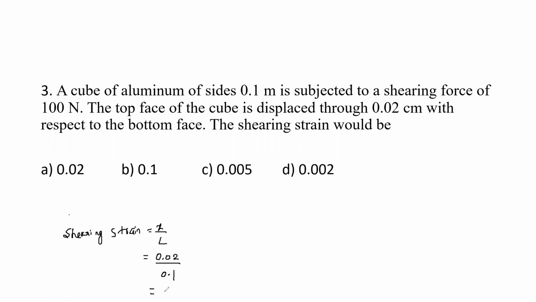So 0.02 divided by 0.1 is nothing but 0.002. That is option D, the right option. Shearing strain is equal to 0.002.